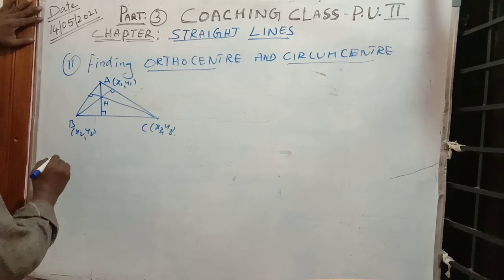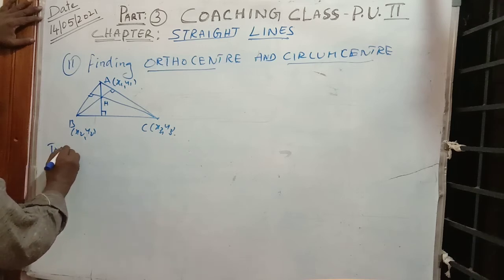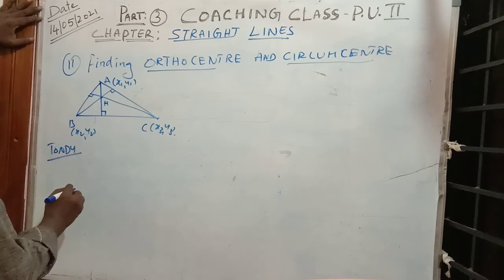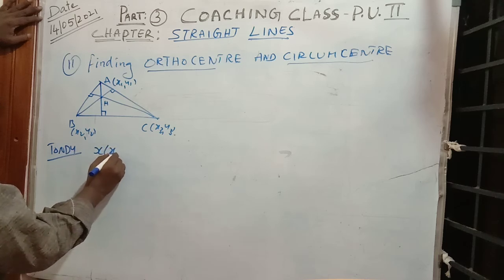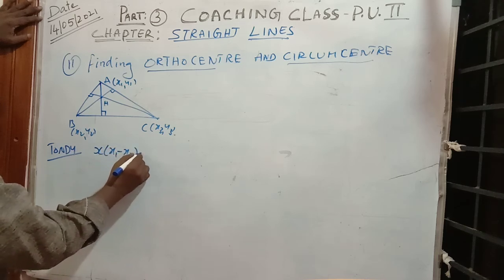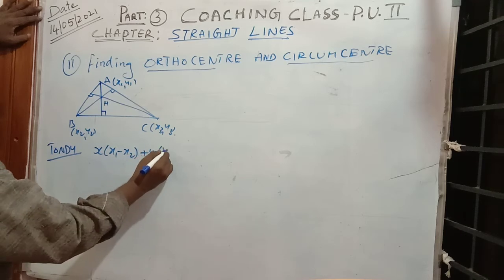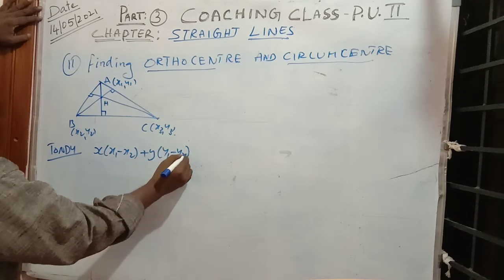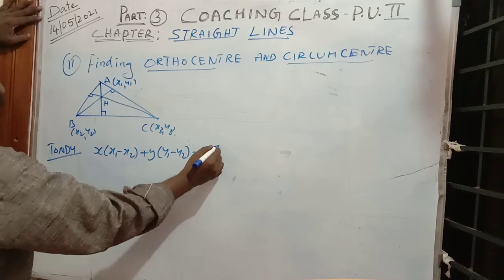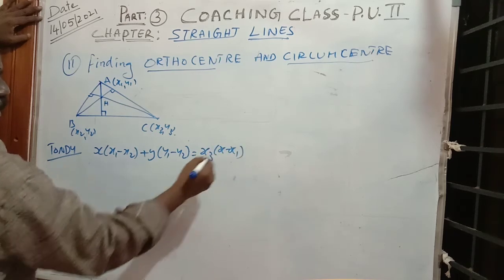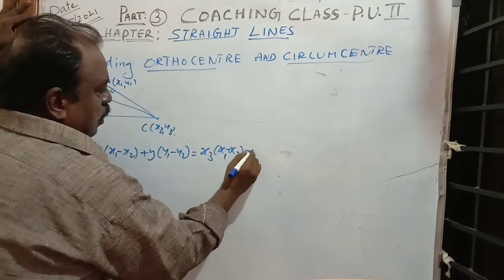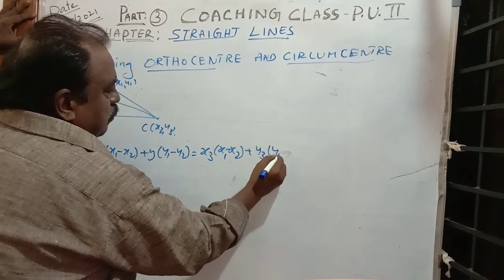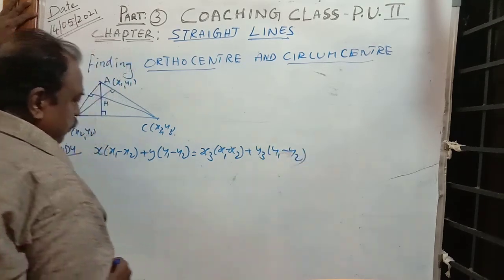There is a formula. That is, x of x1 minus x2 plus y of y1 minus y2 is equal to x3 of x1 minus x2 plus y3 of y1 minus y2.